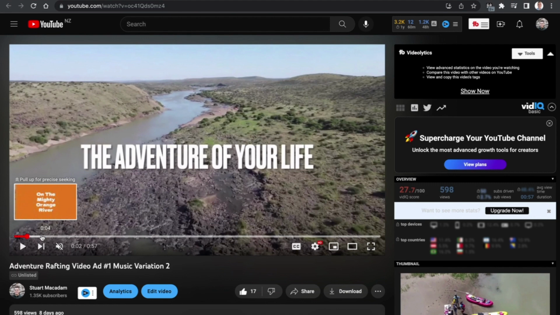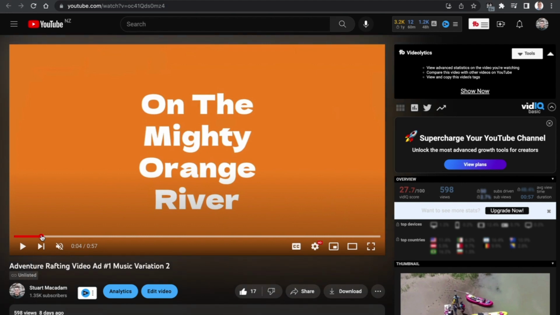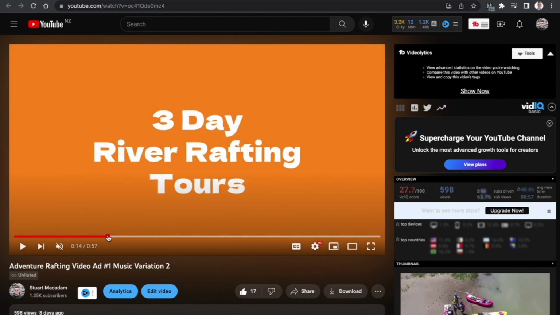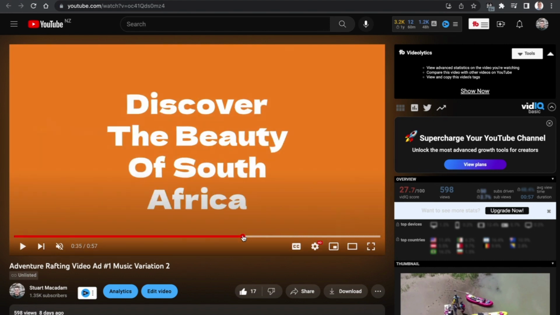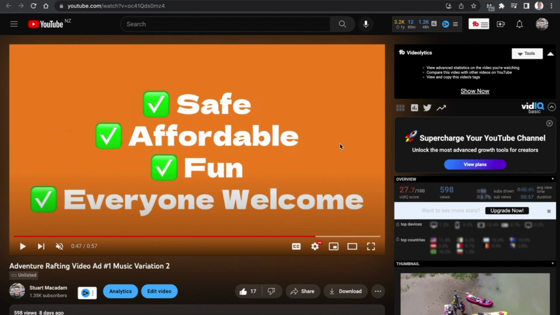So let's have a look at example one, which we talked about earlier. We share the adventure of your life on the mighty Orange River. We talked about the different tour options that are available. So for this example, it is a 3-day river rafting tour. And if we come further to the next part, it talks about discovering the beauty of South Africa, and then we come to the final section, which talks about some of the big benefits.